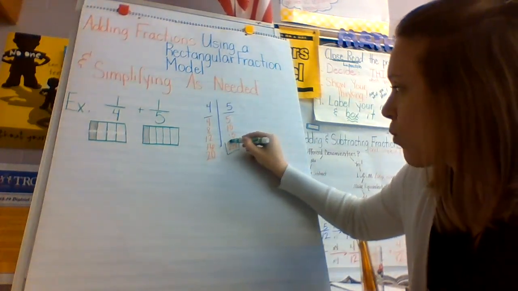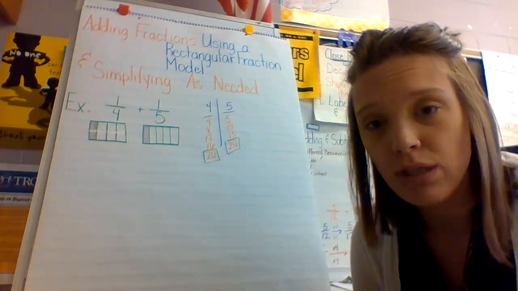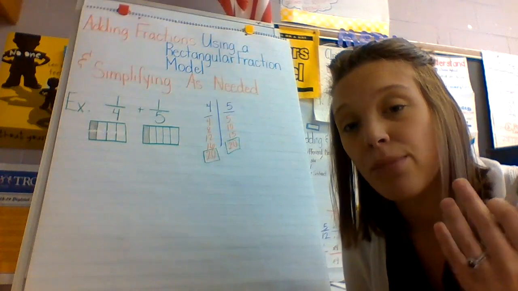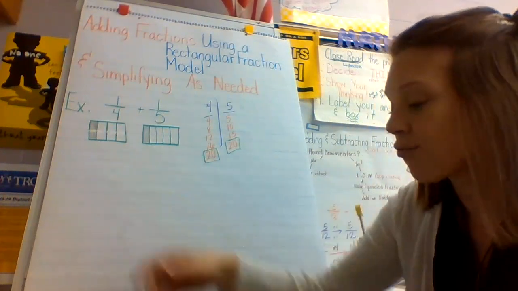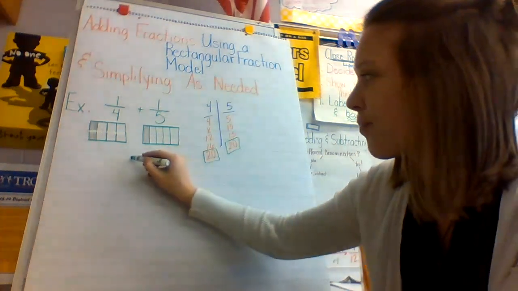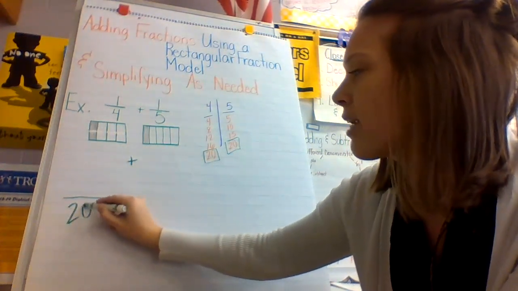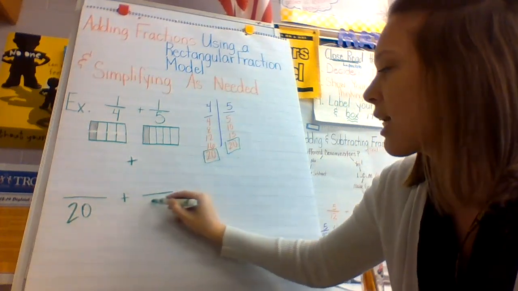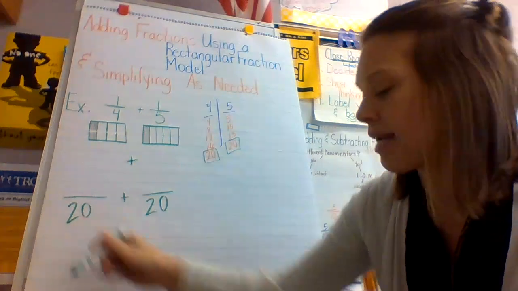And when I ask them why, they'll say, because we came across our least common multiple. Both of these numbers have a multiple of 20. So when you rewrite these fractions, we already know that our denominator is going to be 20, because our LCM turns into our common denominator.